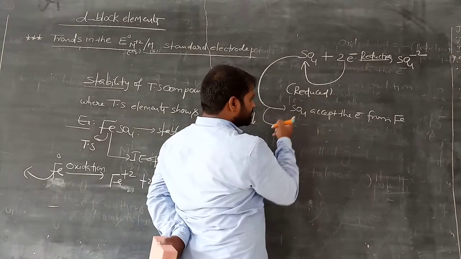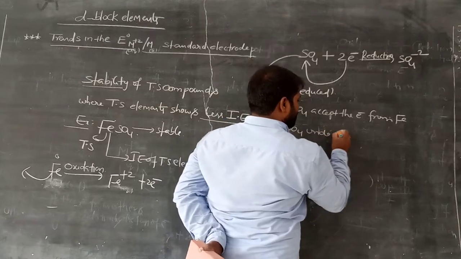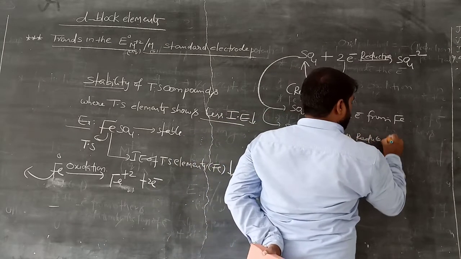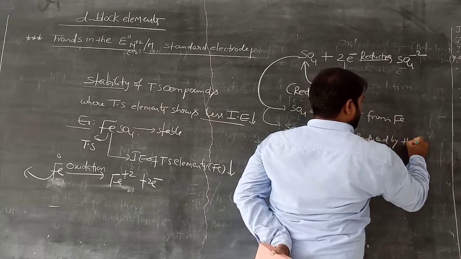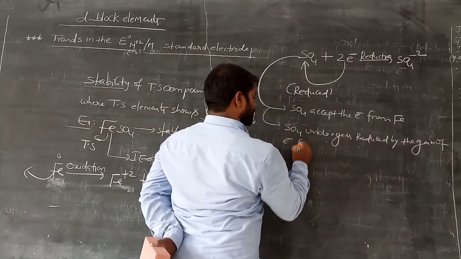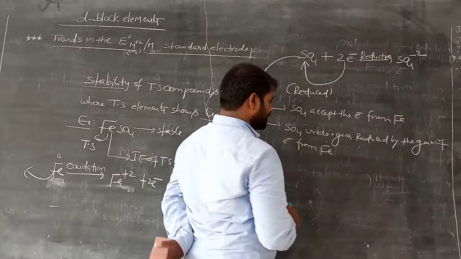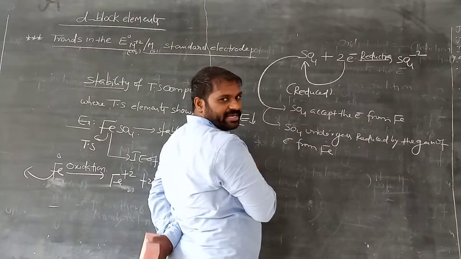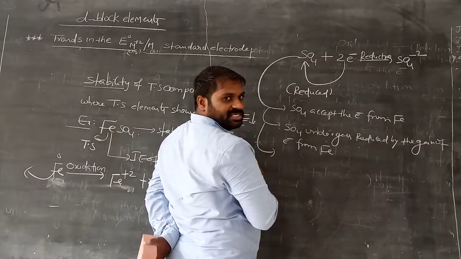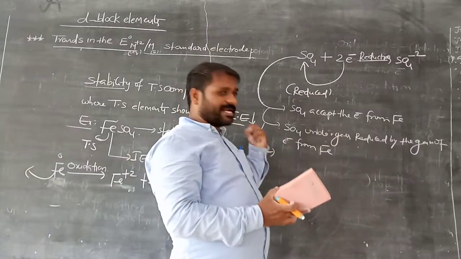In this manner, sulfate undergoes reduction by the gain of electrons from iron. That means sulfate removes the electron from iron. Clear? It undergoes reduction.